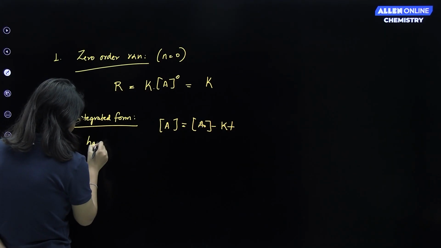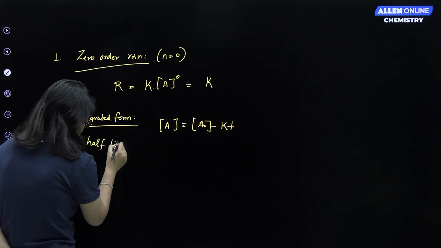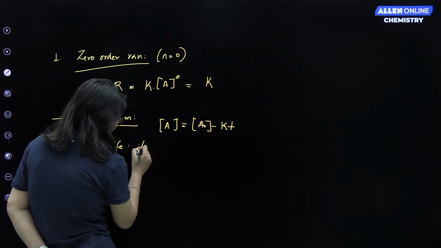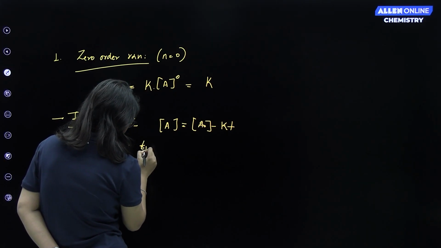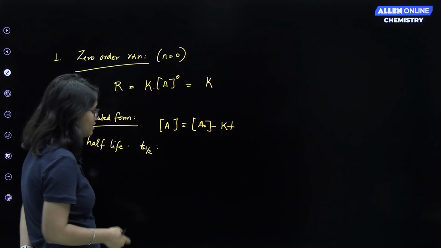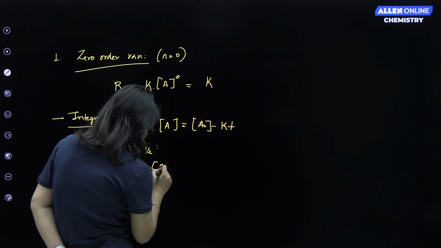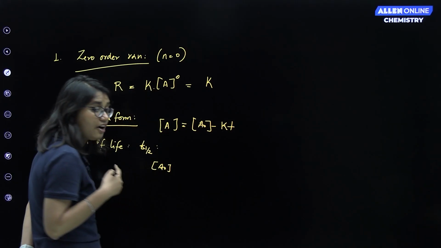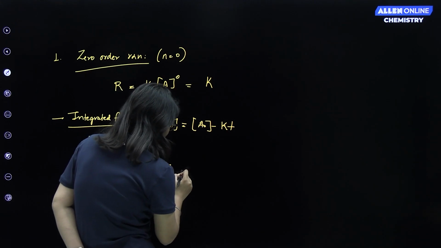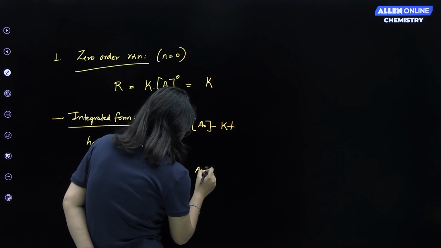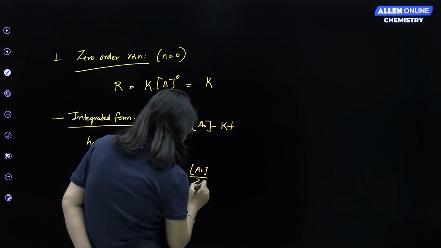Half-life is denoted by T half. If initial concentration is A naught, then after one half-life it will be A naught by 2.